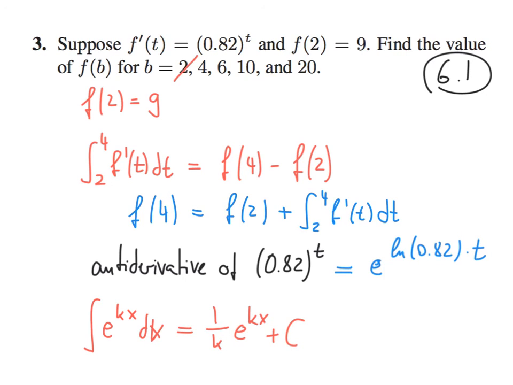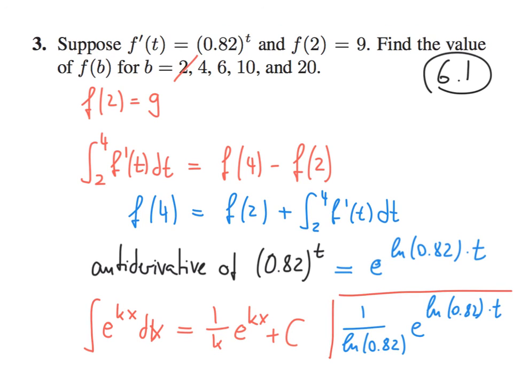We just need one antiderivative, so we would say, okay, here we have 1 over ln 0.82 times e to the ln 0.82 times t. So this is our antiderivative. One antiderivative, but that's all we need to compute the definite integral.